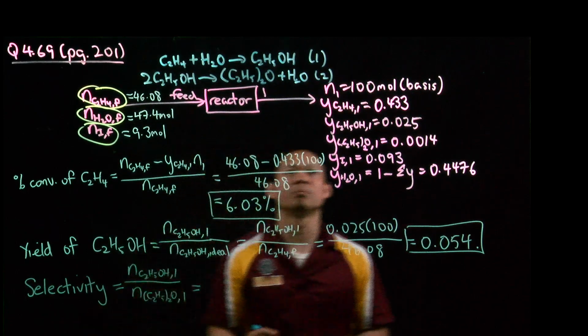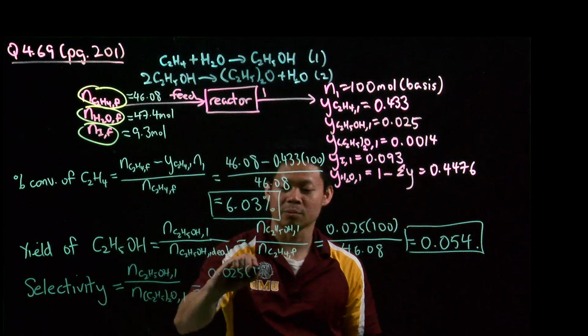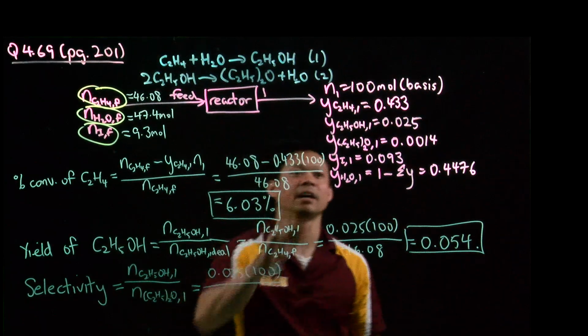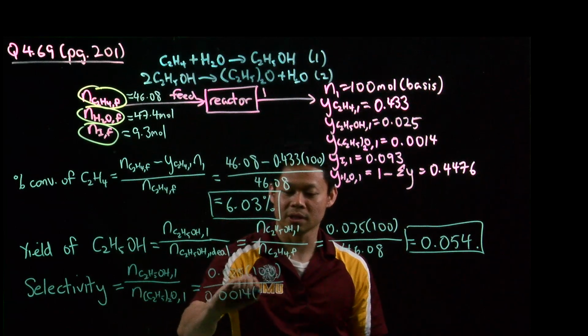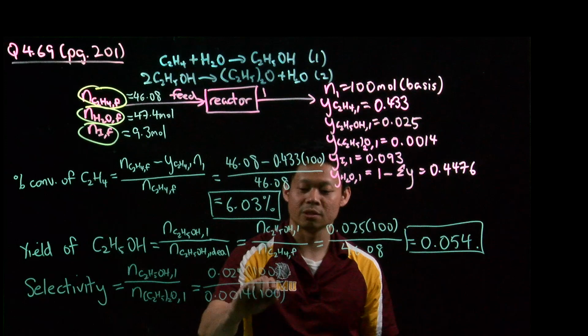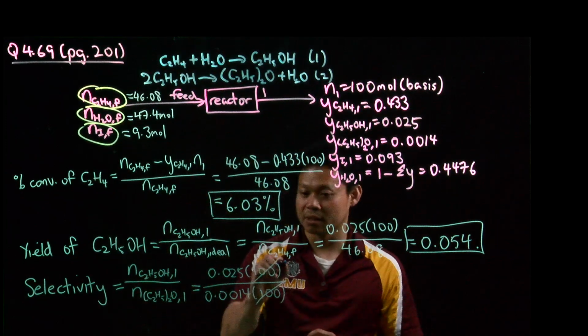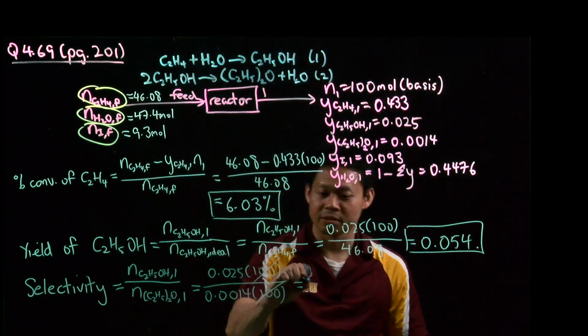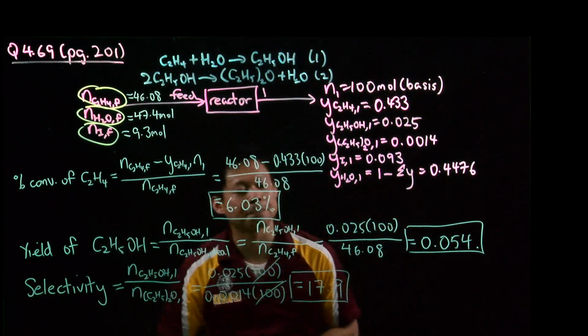And we already have those numbers, so we have 0.025 times 100 divided by 0.0014 times 100. You realize that we actually don't really even need to multiply by 100 here. And we end up with 17.9. So we have a selectivity of 17.9.